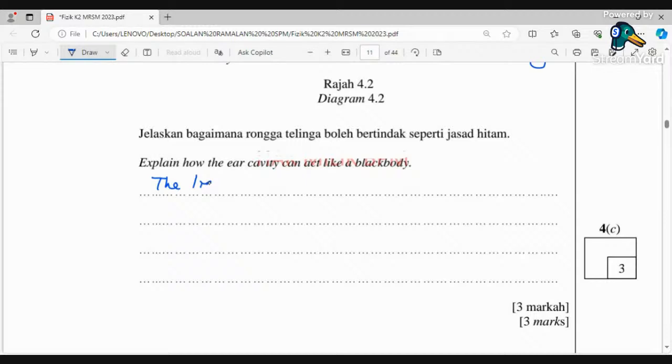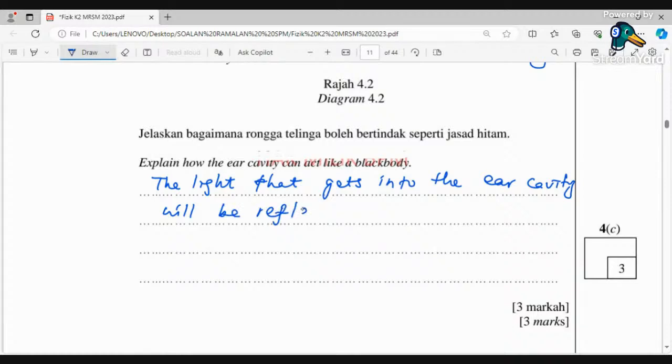The light or the electromagnetic wave, the lights that gets into the ear cavity will be reflected inside on the inner wall of ear cavity.